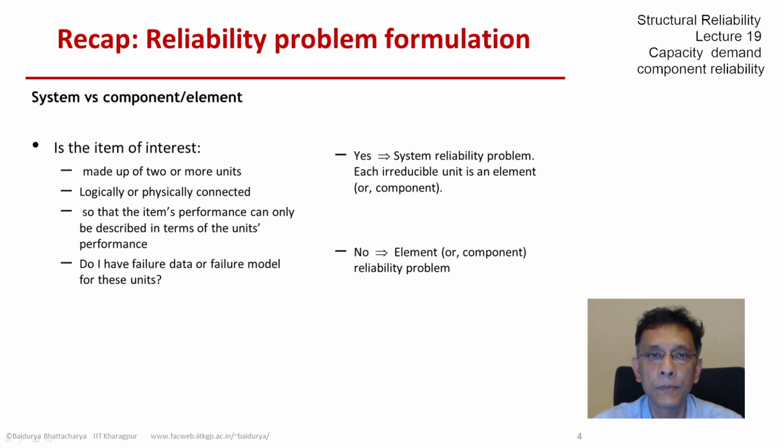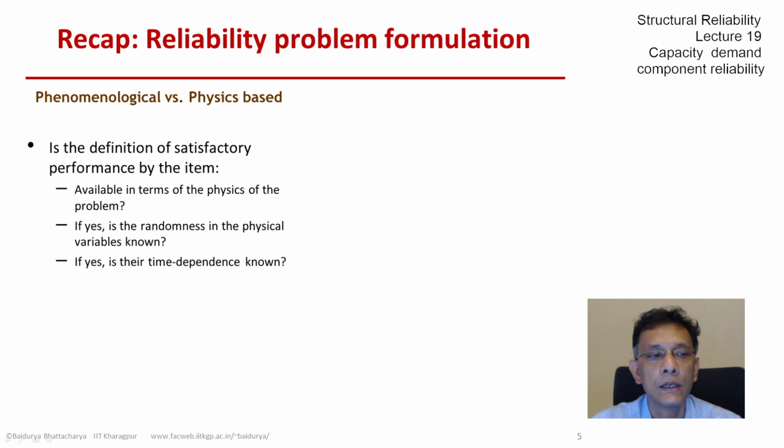So we're going to start with capacity, demand, and capacity-demand-time formulation of just an element. Then the distinction that we made between the physics-based and the phenomenological or observation-based approach to failure and reliability is basically the idea of satisfactory performance or failure of the item in question.